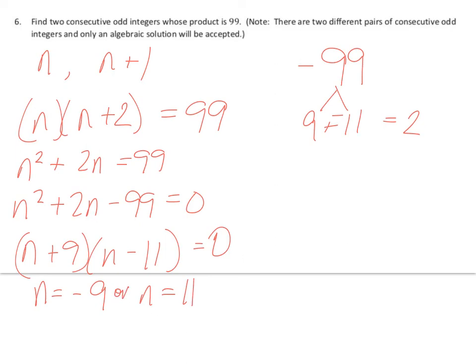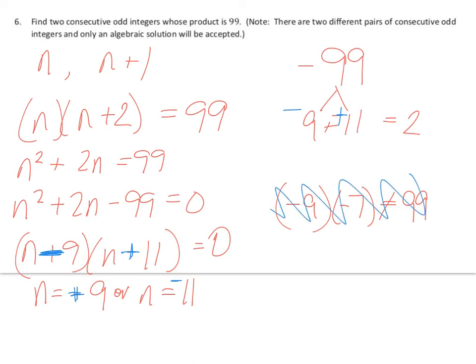Let's think about that. So if my first number is negative 9, the second number is going to be negative 9 plus 2, which is negative 7. That does not equal 99. Wait a minute. I'm wrong. If you thought you'd catch me, you didn't. That is a negative 9 and a positive 11, which makes this a positive 9 and a negative 11.